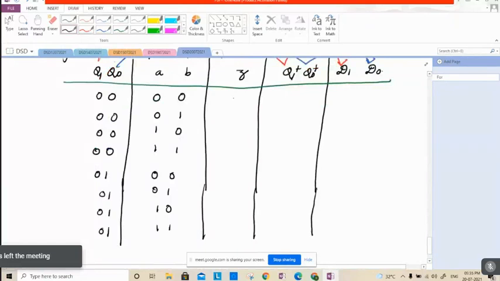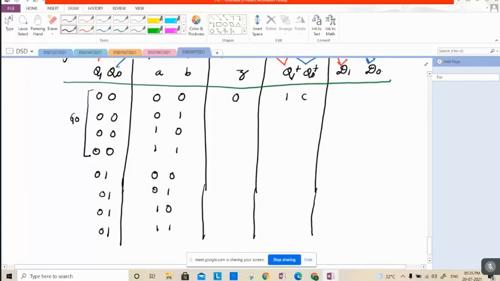What is the value of Z here? Here Q1 Q0 is 0 0, in the sense which state is this? G0. So now tell me the values here. What is the value of Z here? 0. What about the next state?